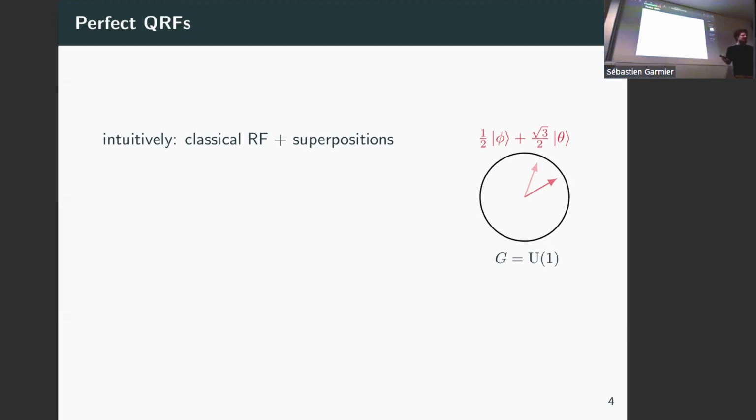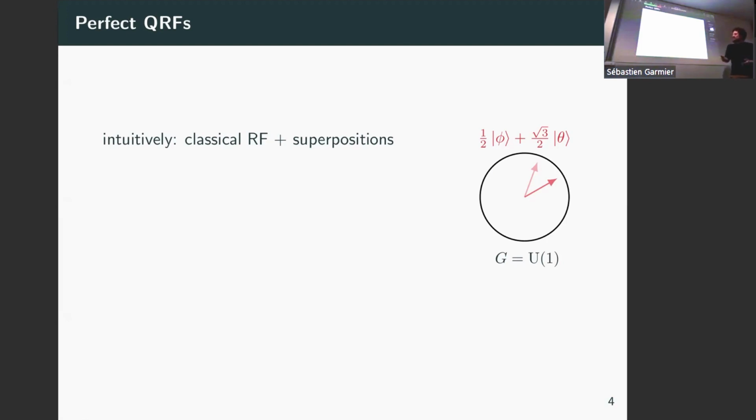Now it's no longer that clear how you would measure a relative angle. The outcome is no longer certain, as is often the case in quantum theory, so this is not really surprising. Also, of course, having superpositions allows the frame to be, say, entangled with a bunch of other systems and have all kinds of quantum features that we know and love.